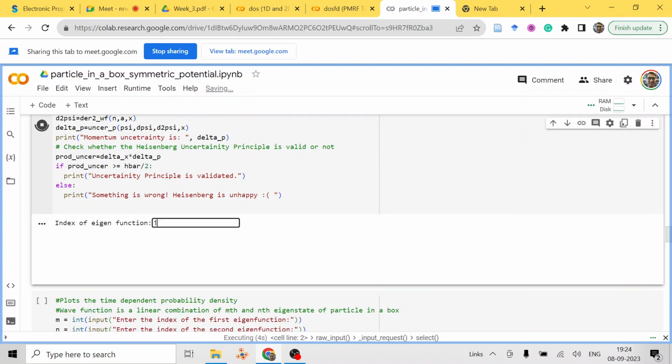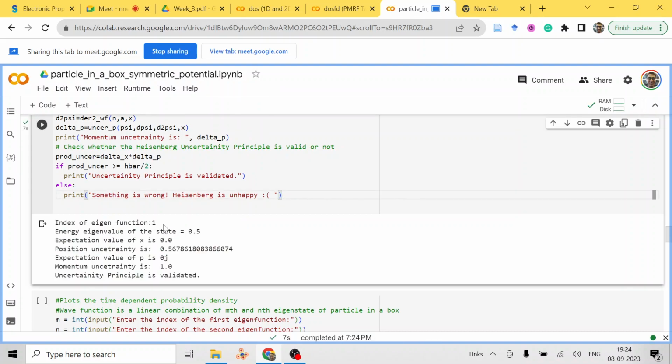Alright, so let's go to 1. For n equals 1, it has given us the energy eigenstate. It is giving a 0.5 value, so that you can check according to the parameter that we have taken.